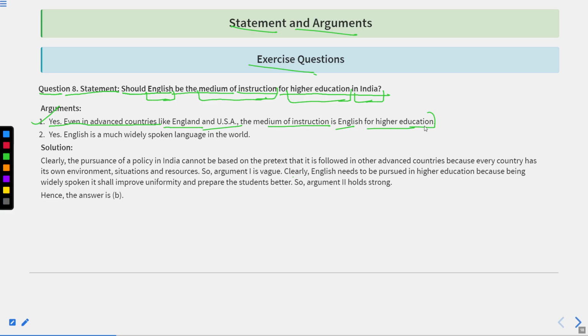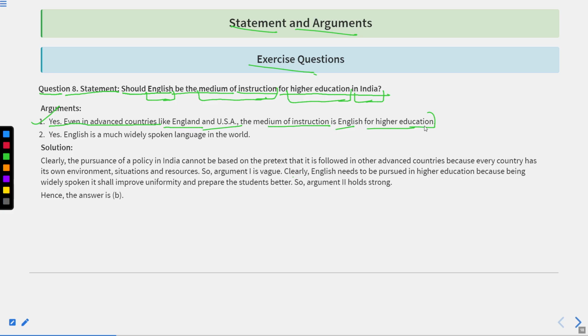Now, my dear students, as we have already discussed in our past videos, whenever there is an argument which is talking about a comparison from one thing to another, then that type of argument is considered to be a weak argument.